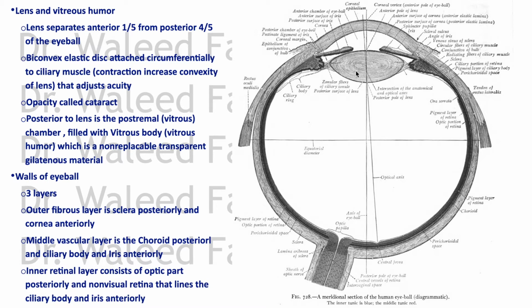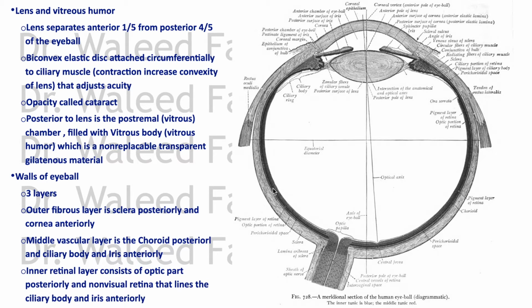This is called cataract. Now, when we study the globe, we have to study the coats or walls of the eyeball. The outer coat, the fibrous coat, is an extension of the dura actually, and posteriorly it is the sclera until the corneoscleral junction where the cornea starts. This is the cornea. Okay, cornea and sclera are of the same fibrous coat layer. And the middle vascular layer, the dark one you see here, is the choroid.